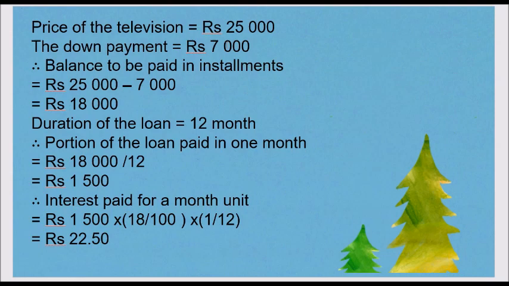Therefore, as the second step, you have to find the portion of the loan paid in 1 month. That is monthly loan. As the previous question you have solved, you have to divide the remaining amount by number of months. 18,000 rupees divided by 12.